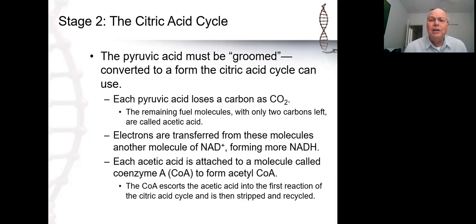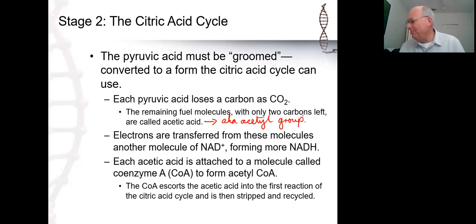So now we're seeing the production of some of the carbon dioxide that is given off as the byproduct of cell respiration. The remaining two carbons form what the book calls an acetic acid group, but it's also known as an acetyl group.